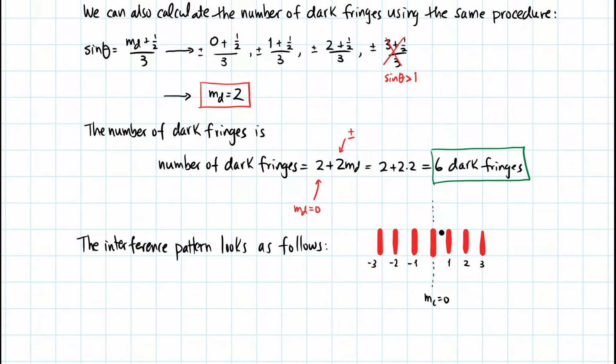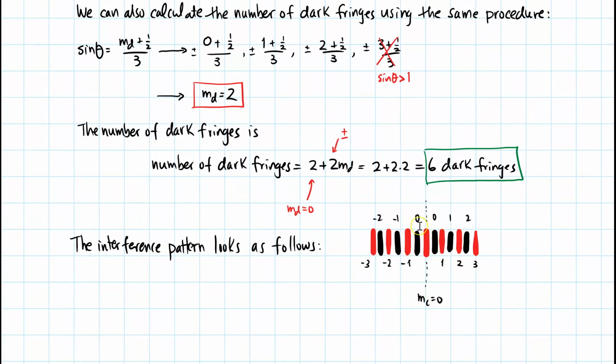So then I have 1, 2, 3, 1, 2, 3. If you look at m_d, I have my 2 zeros, and then I'm symmetric about 1 and 2. Here's 1 and 2, and then minus 1, minus 2. So you can see here that the ends are bright spots.